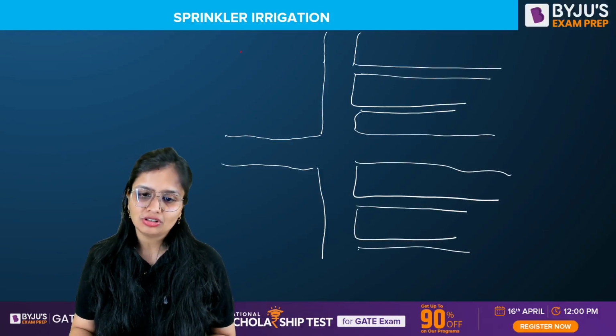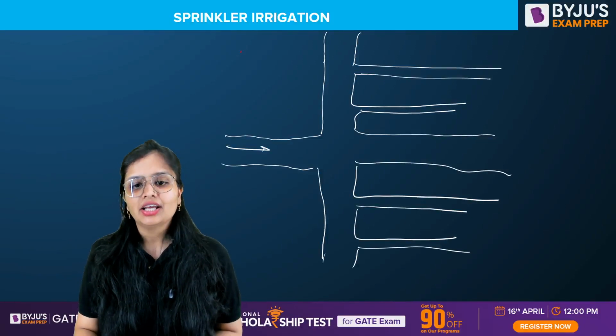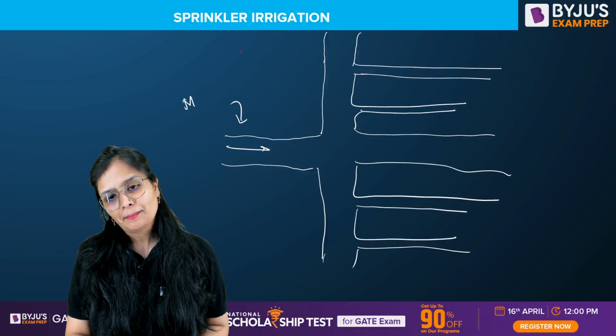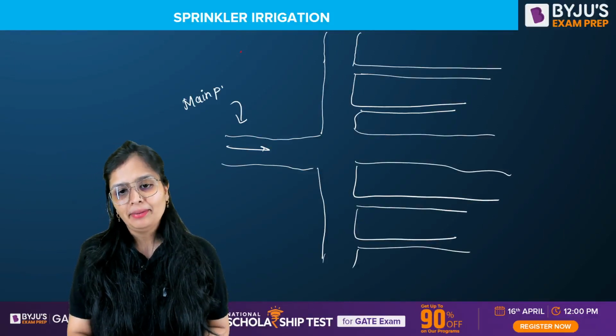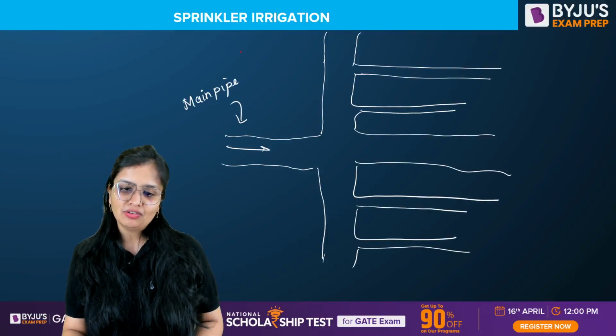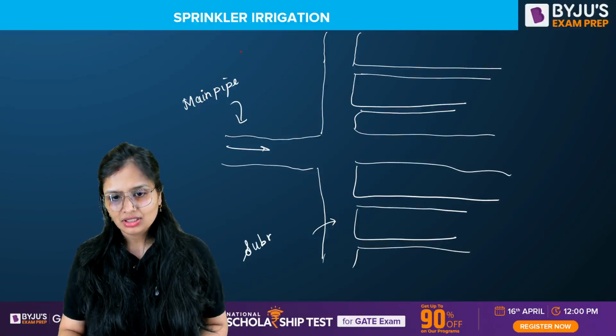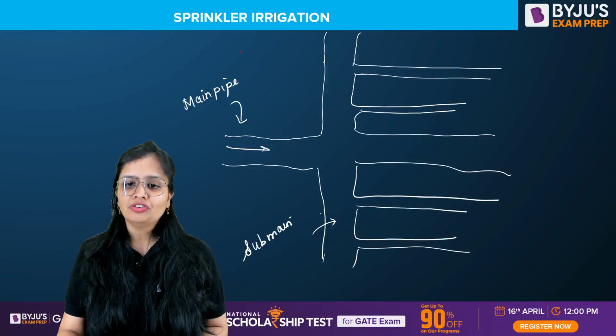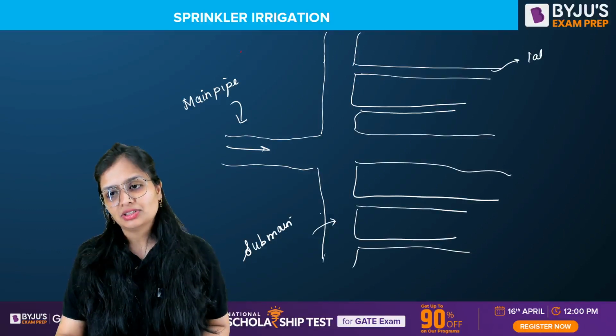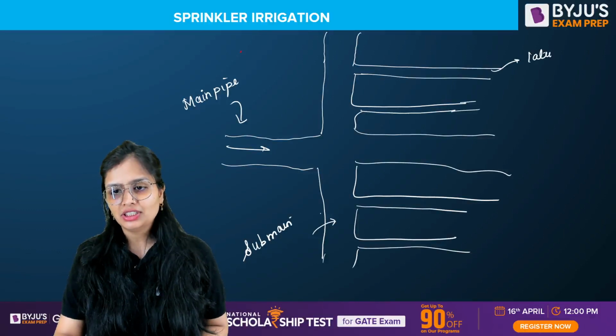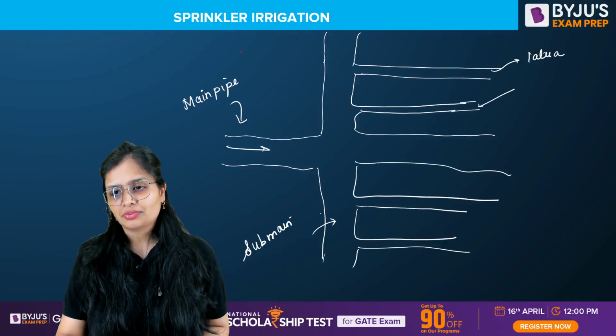The diagram is not on scale. I'm drawing it freehand. So this is the main pipe, and then we have a branch pipe, or you can call it a sub-main pipe. Then you have lateral pipes here. So these are lateral pipes.